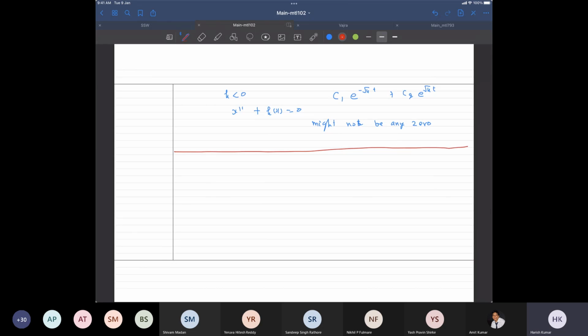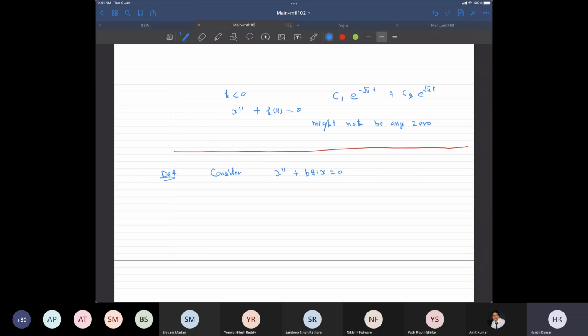Okay, so let us consider x double prime plus q(t) x is equal to 0, or we can write it as p(t). It doesn't matter what I write here, but let's write p(t) because that will be simple.